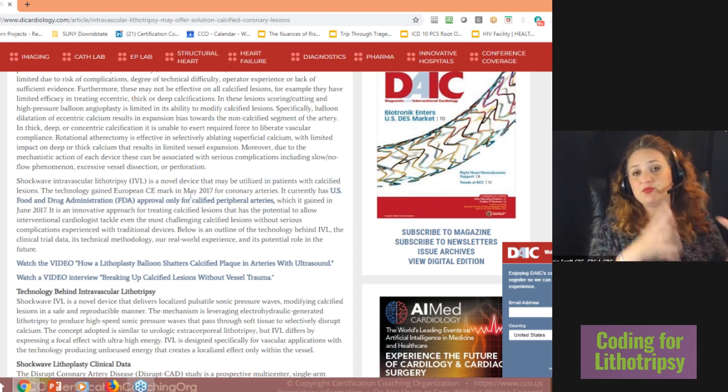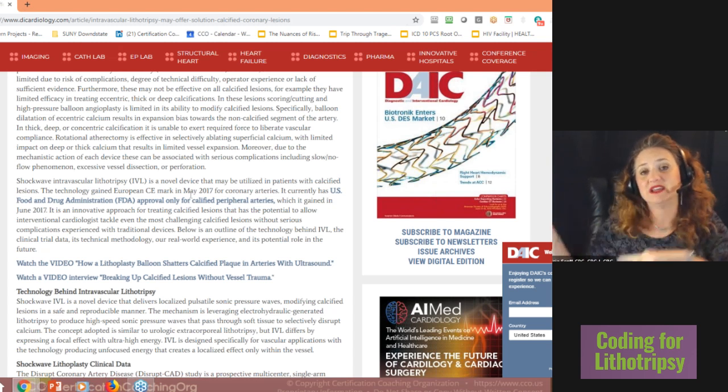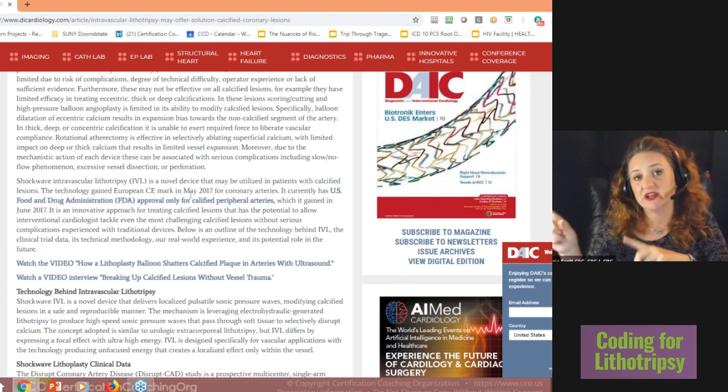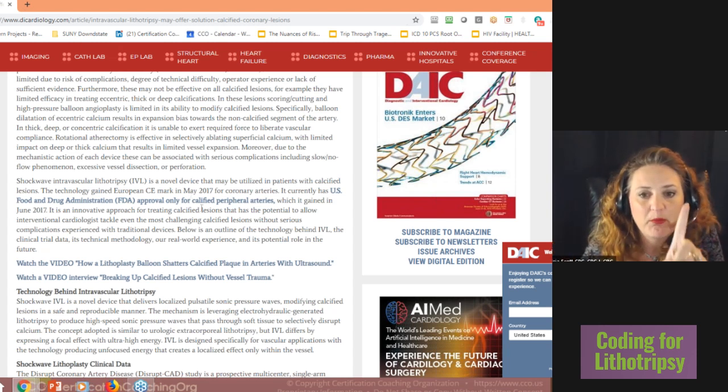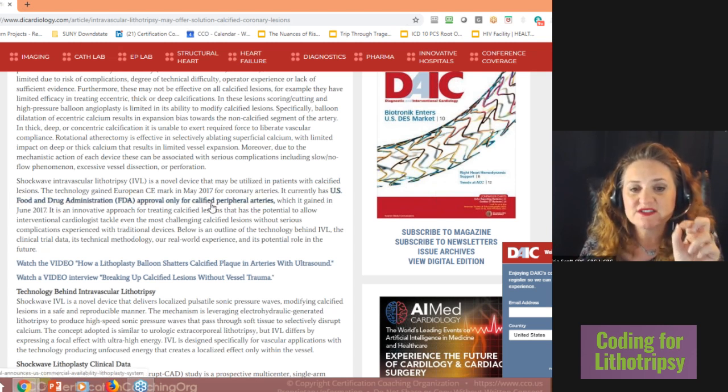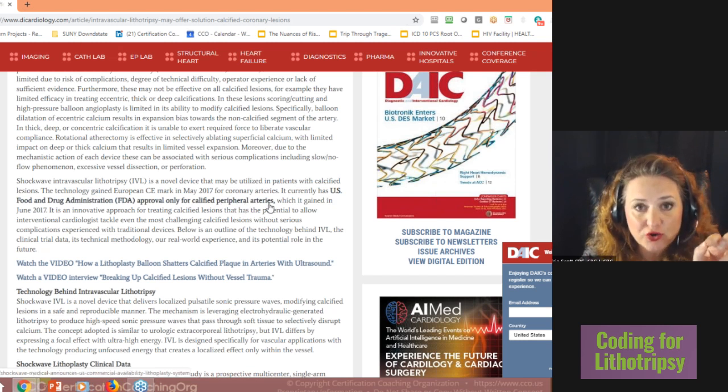So it was approved for coronary arteries in Europe, this IVL treatment, which is intravascular lithotripsy, okay? But it currently has US FDA approval only for calcified peripheral arteries.